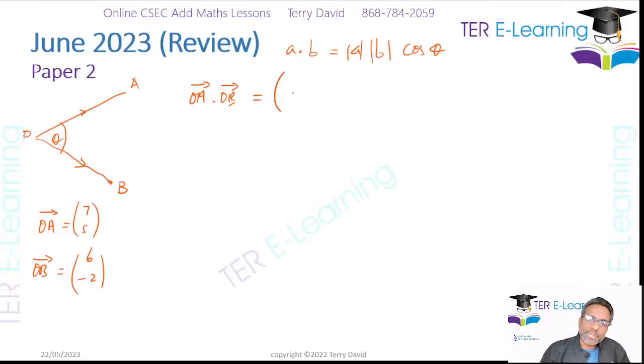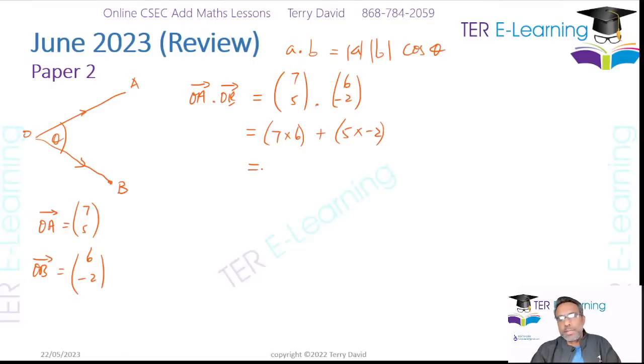So there's a dot product you're working out, (7, 5) dot (6, -2). So that is the same as saying 7 multiplied by 6 plus 5 multiplied by -2. So that is 42 minus 10, so that's 32. Your dot product here is 32.